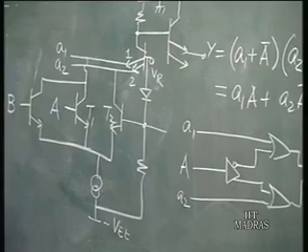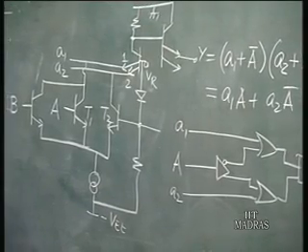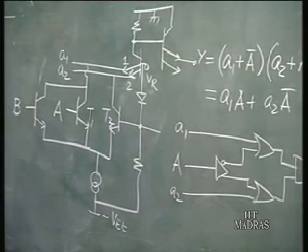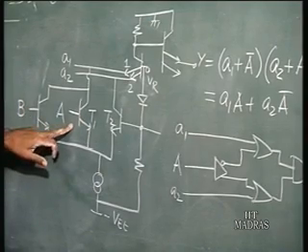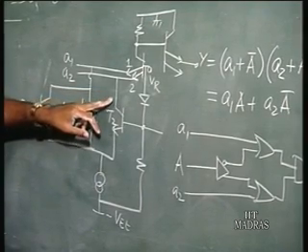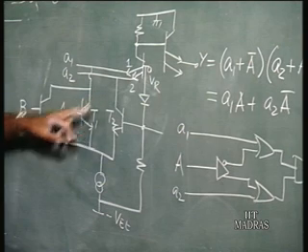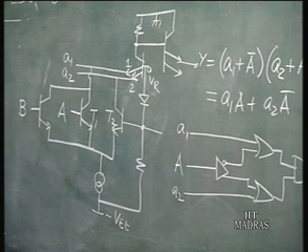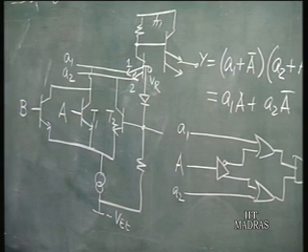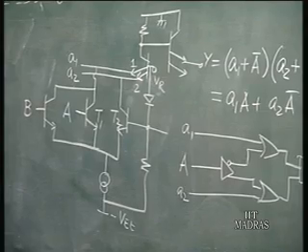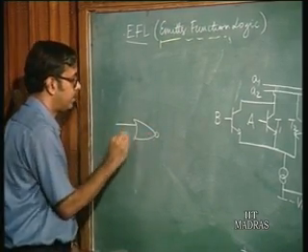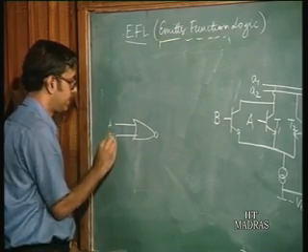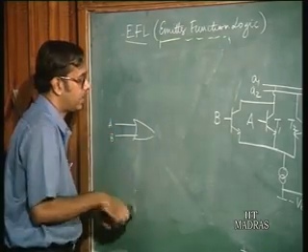Instead of an inverter, this becomes a NOR gate, all right. You have a NOR and OR. So, the logic which you will have is, this is a NOR gate. You have the two inputs A and B, sorry, I'll draw it like this.